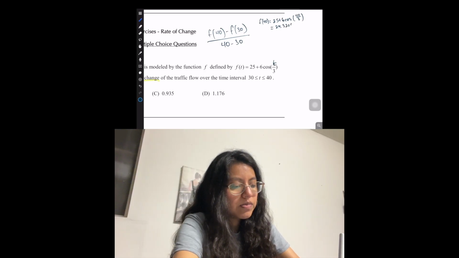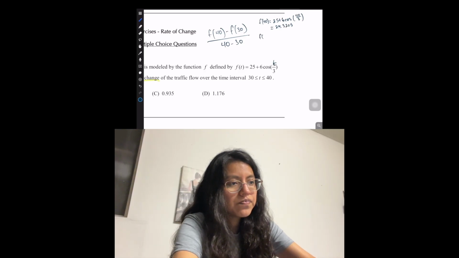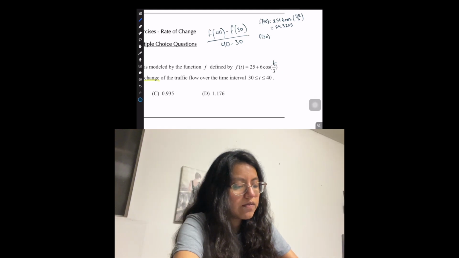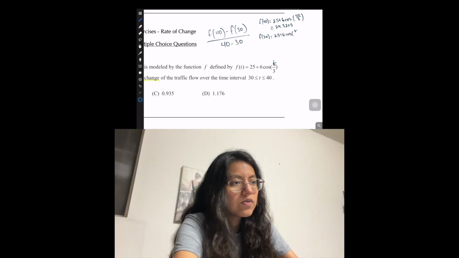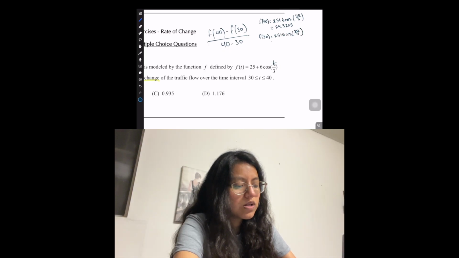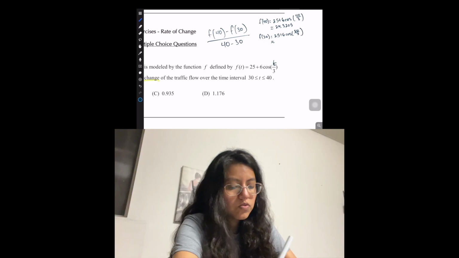If you do the same thing for f of 30, you're going to have 25 plus 6 cosine 30 over 3. It's going to give you roughly 19.9656.